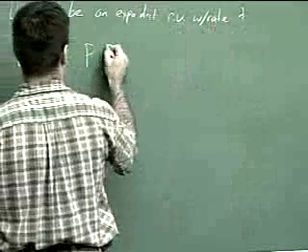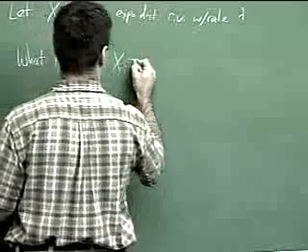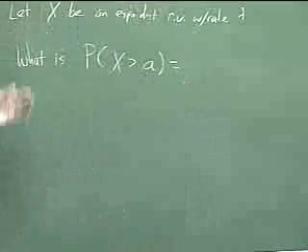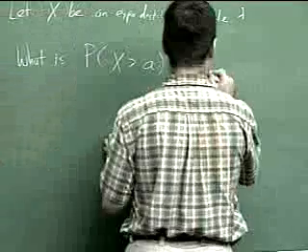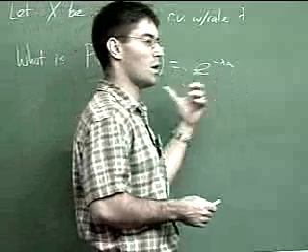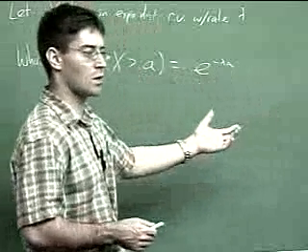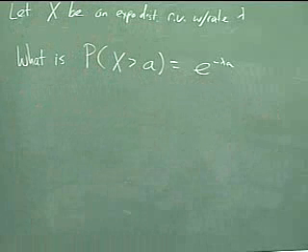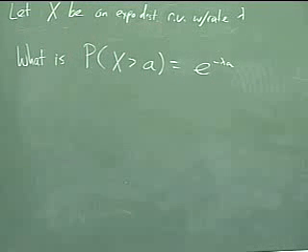What is the probability that X is greater than a? We already said, by definition, it's e to the minus lambda a. Again, the point is when a is 0, this is 1, and as a grows, this goes to 0.